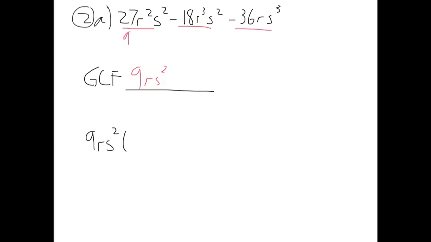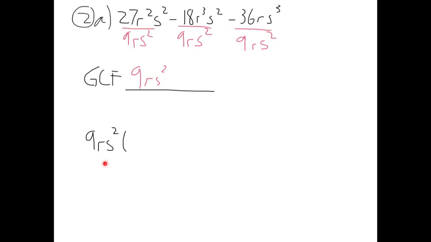So the first term is divided by 9rs squared, as is the second term, as is the third term. And then what I get after I divide each of those terms by the GCF goes inside the set of brackets that I've stuck the GCF in front of.